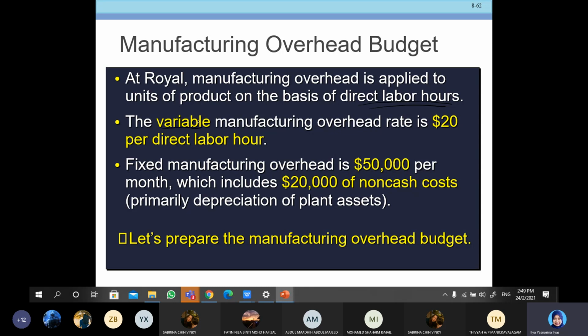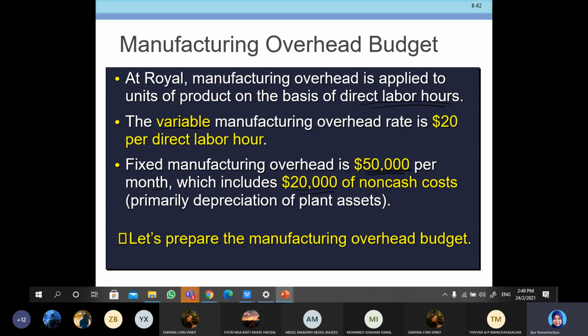That's why I say in manufacturing overhead we have two, one is variable, another one is fixed. The variable manufacturing overhead rate is $20 per direct labor hour. Then fixed manufacturing overhead is 50,000 per month, which includes 20,000 of non-cash cost, which is depreciation.